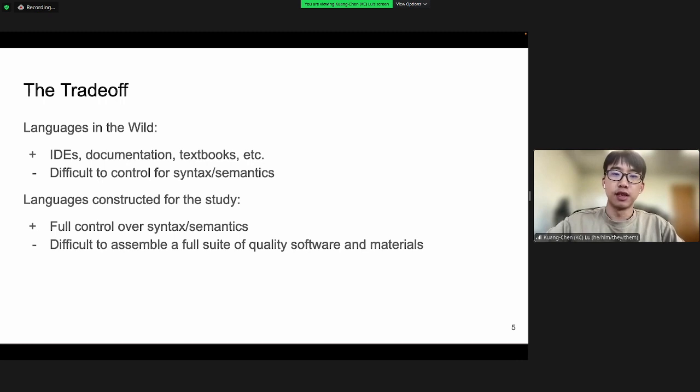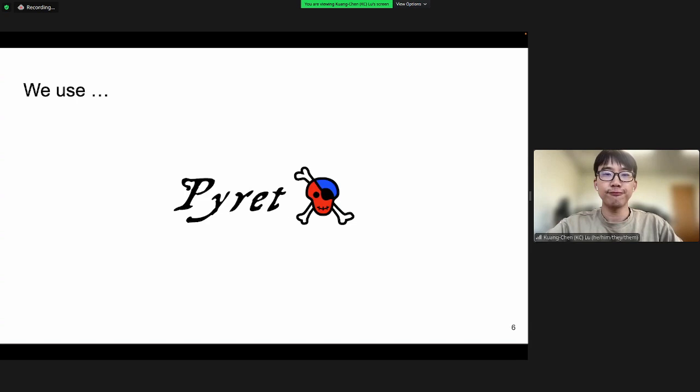In contrast, we could, of course, build custom languages that have exactly the syntax and the semantics we want, but they will not have the same level of support, which means we may accidentally be studying the supports rather than the languages themselves. But we have a lucky compromise, Pyret.